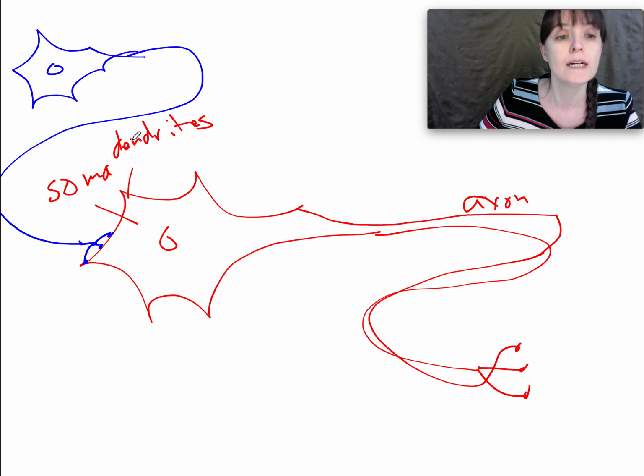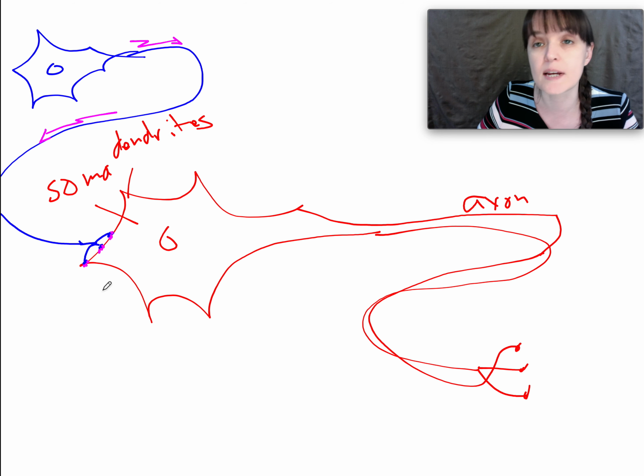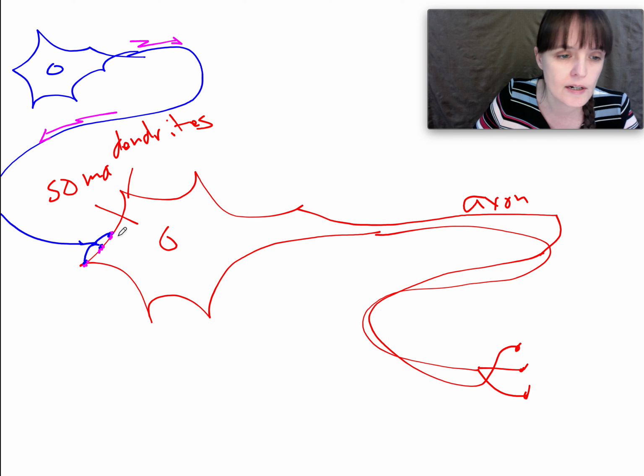Okay, so when this first cell, the blue cell, makes an action potential, it propagates down the axon, causes the release of neurotransmitter into the synaptic cleft, which affects the postsynaptic membrane. These are like rocks in the pond, creating ripples that are stronger, closer, and get weaker as they go out.